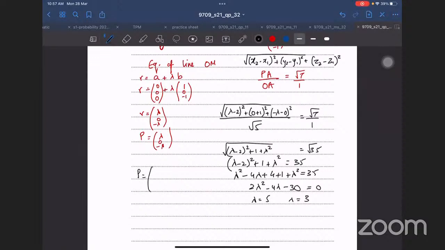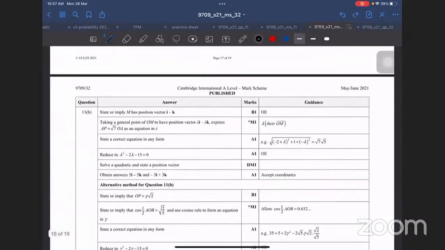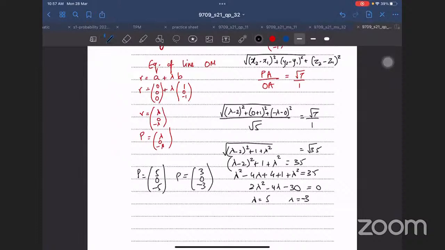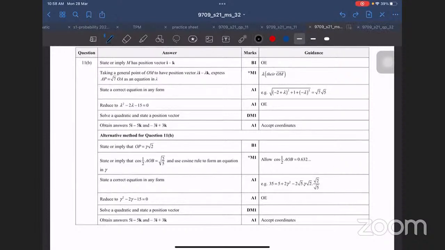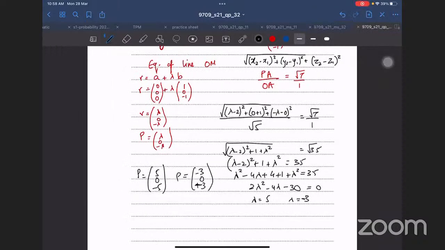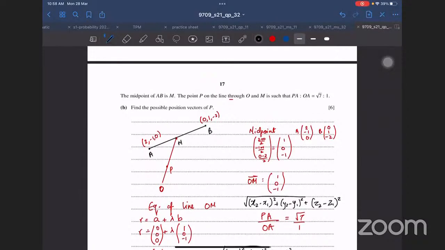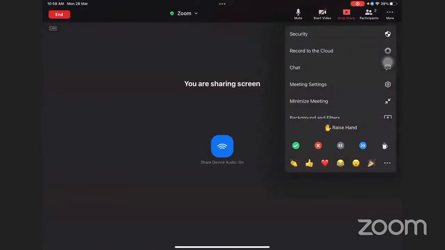So P is therefore 5, 0, -5, or P can also be -3, 0, 3. Let's check. Okay. सही है.